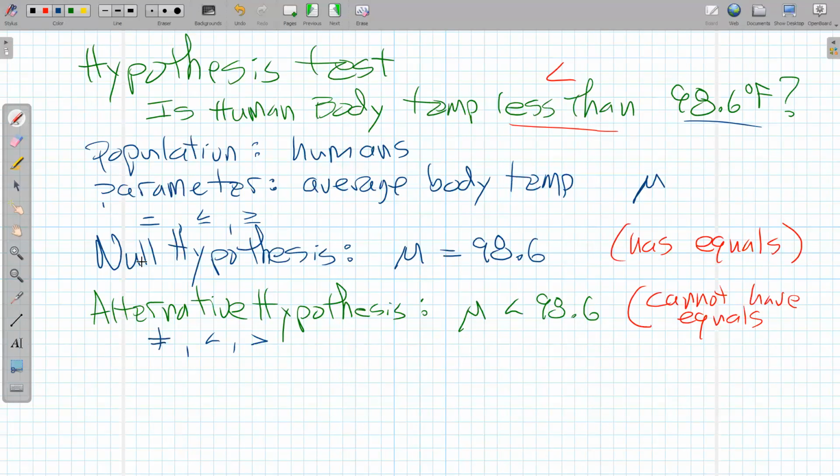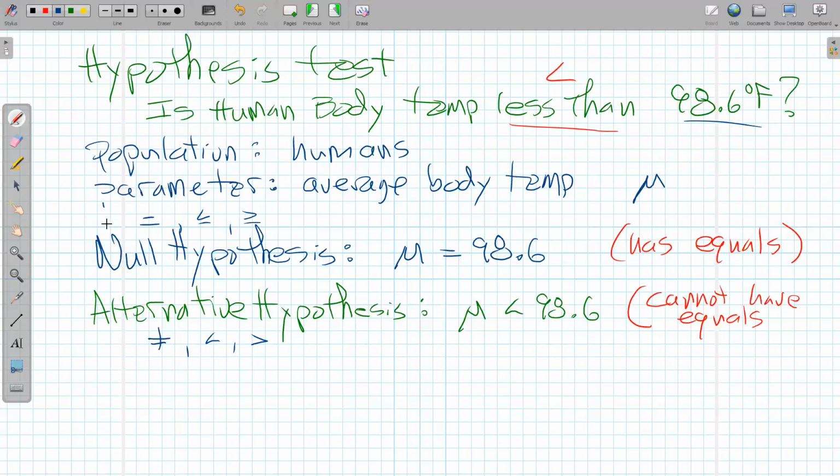So the types of symbols that can be in the null hypothesis are an equal, a less than or equal to, or a greater than or equal to. So if somebody asked a question that led to a less than or equal to, then that would have to be the null hypothesis instead of the alternative. So the question asked isn't necessarily the alternative. It depends on whether there is an equal sign in it.